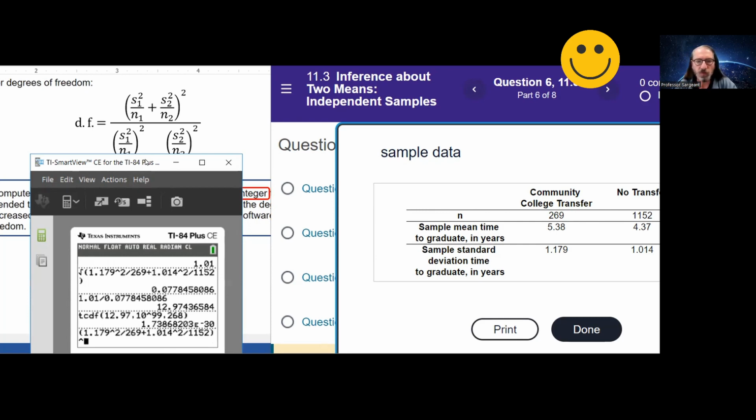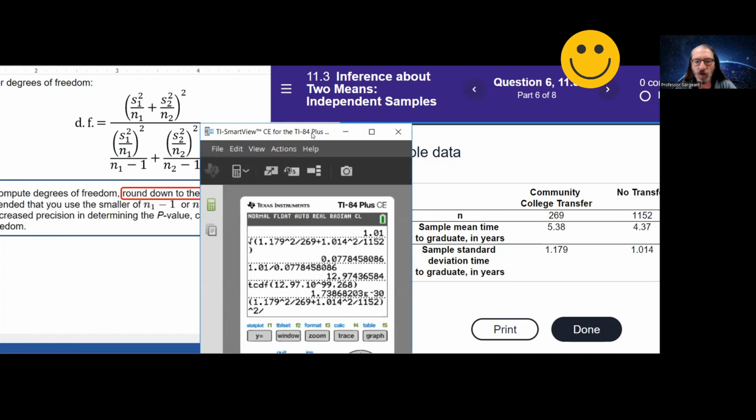Close the parentheses, square that, then parentheses around this entire denominator.